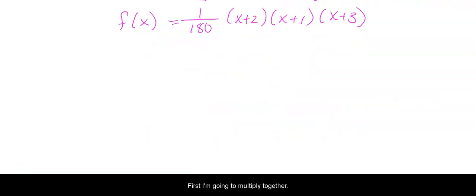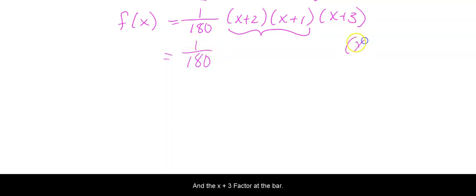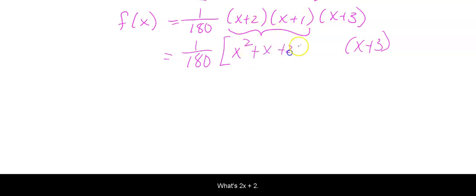First, I'm going to multiply together the x plus 1 and the x plus 2 factors. This would leave the 1 over 180 at the front and the x plus 3 factor at the back. In the middle then, I get x squared plus x plus 2x plus 2.